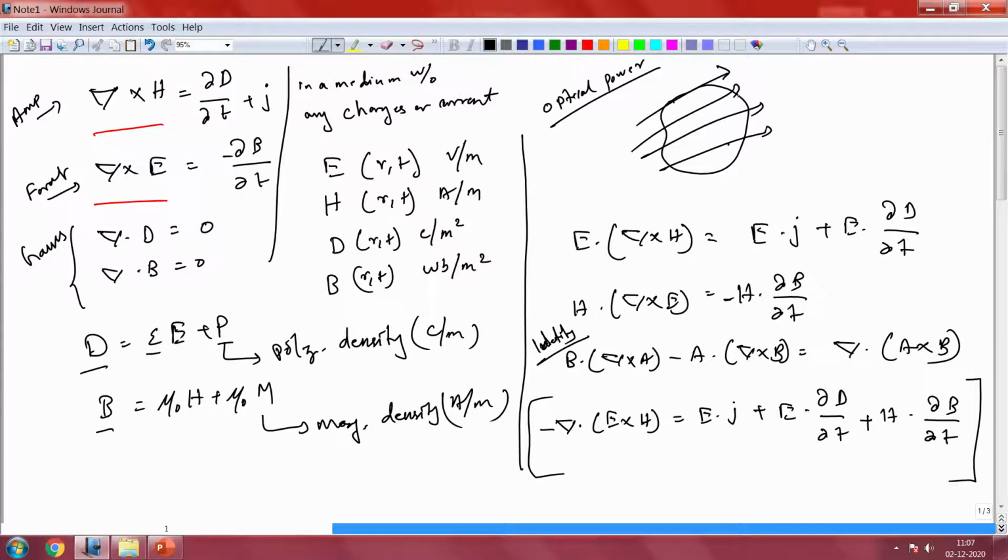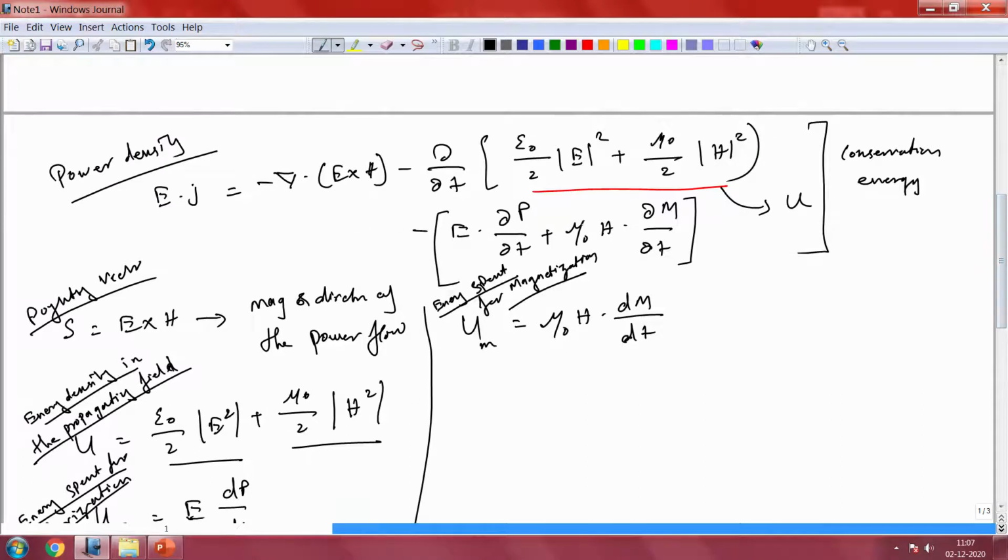How much energy is taken through this material is represented by the first two factors. But the third factor is going to be spent on the material itself. So you can say that it's a kind of loss, or work done on the material. This is the way that you could find the power density of a wave, or how much power a wave can carry as it propagates through a medium.